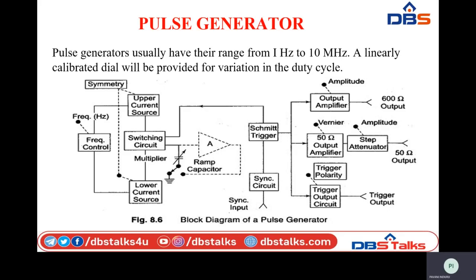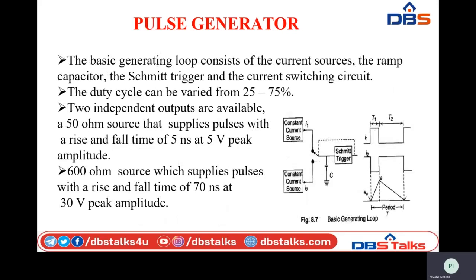Here, the 600 ohms output can provide us a heavier voltage pulse signal, whereas the 50 ohms output can provide lower voltage pulse signals as the output. Here you can see the difference between those two.